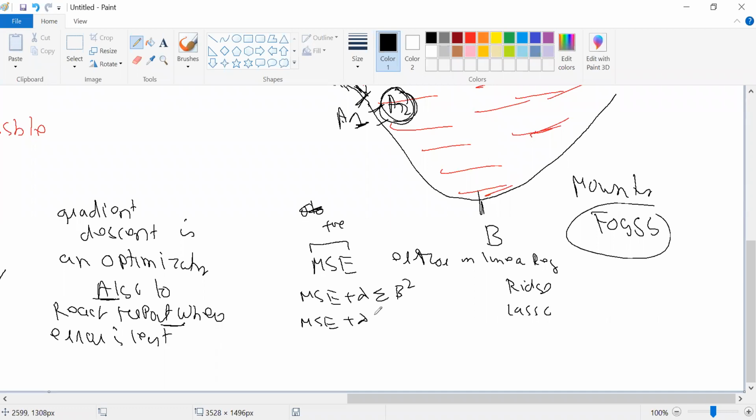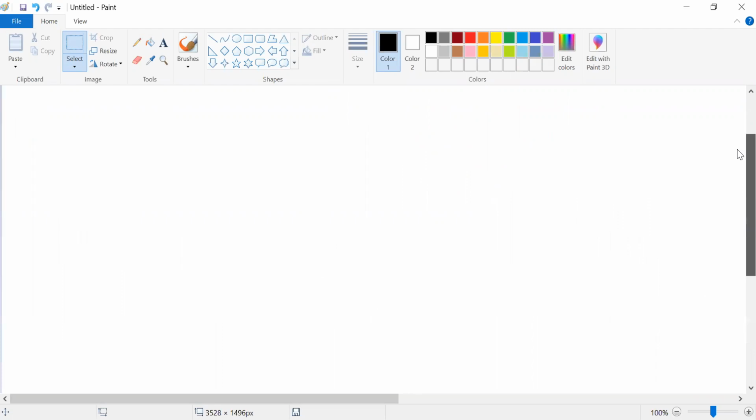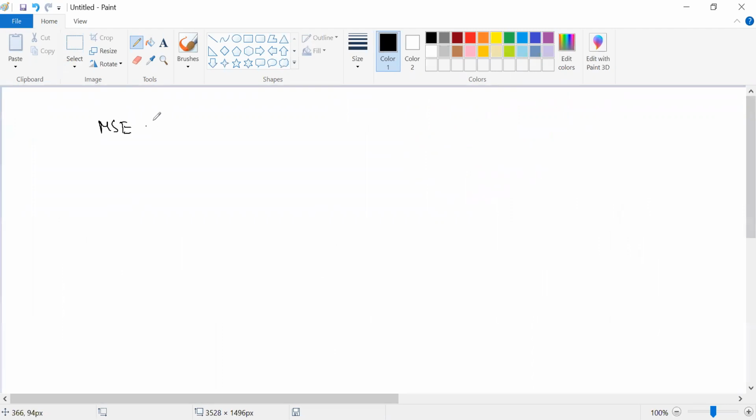MSC plus lambda summation mod beta. एक काम करते हैं वापस यहाँ से delete. Okay. So MSC plus lambda summation beta square हो जाएगा ridge में, and MSC plus lambda summation mod beta हो जाएगा Lasso में.